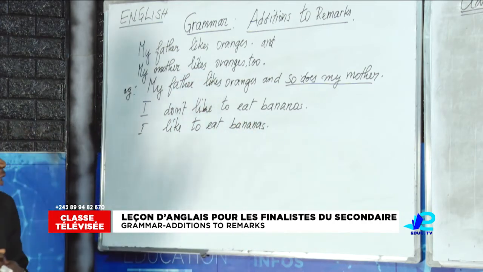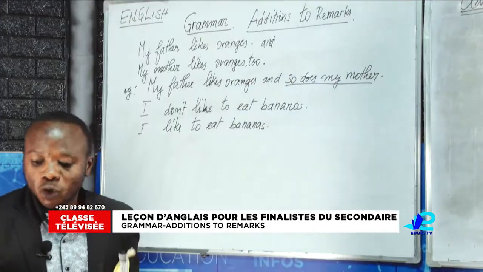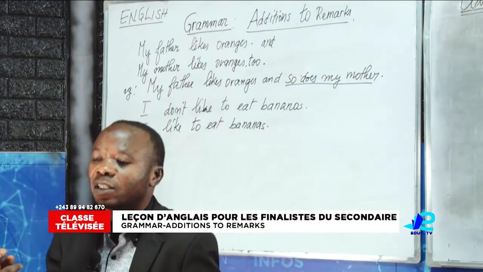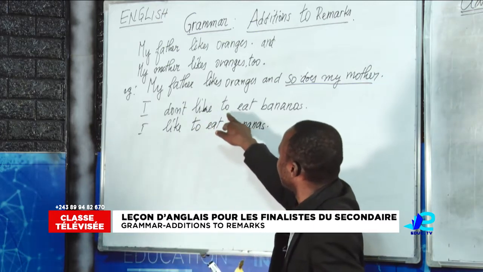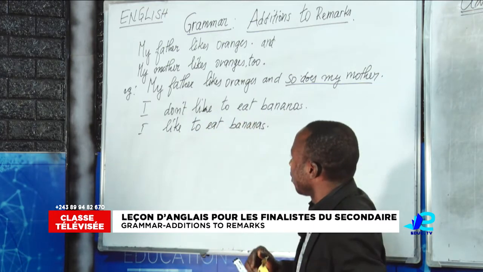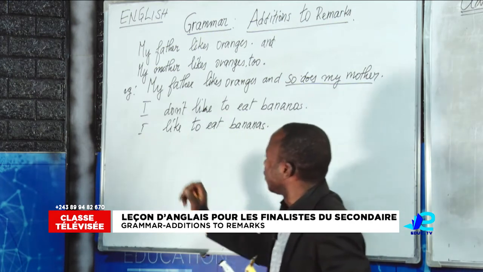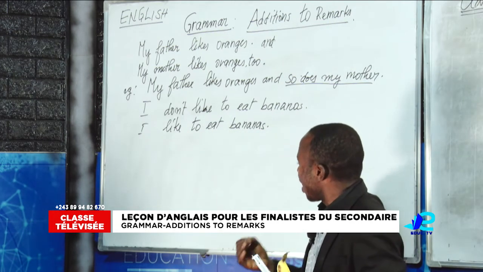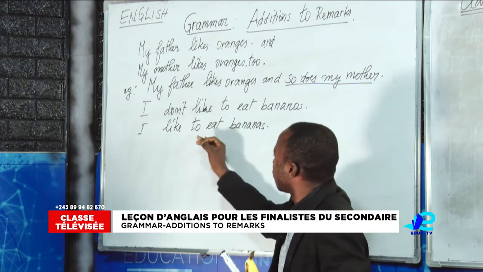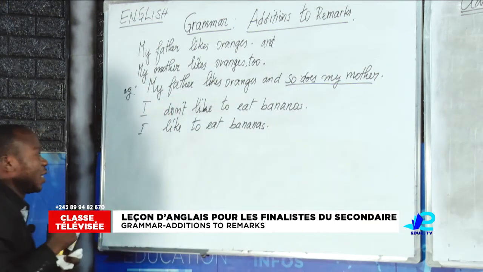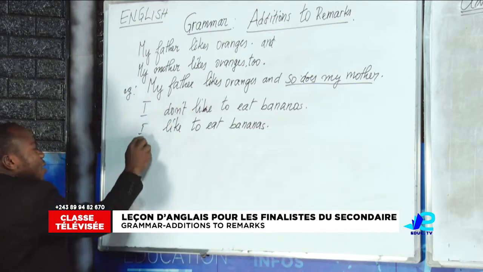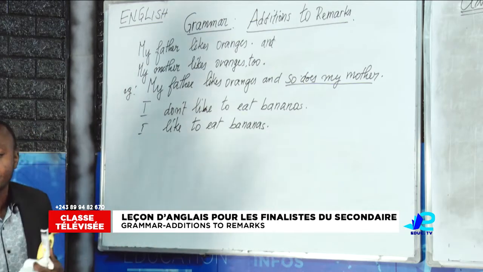When you look at the board, we have two sentences or two statements, two remarks. The first remark is negative. I don't like to eat bananas. But the second remark is positive or affirmative. I like to eat bananas. Here, the first I represents John, and the second I represents Mary.